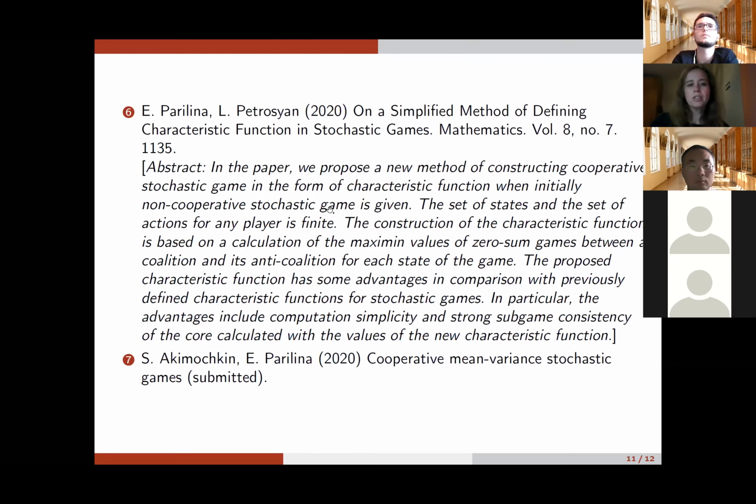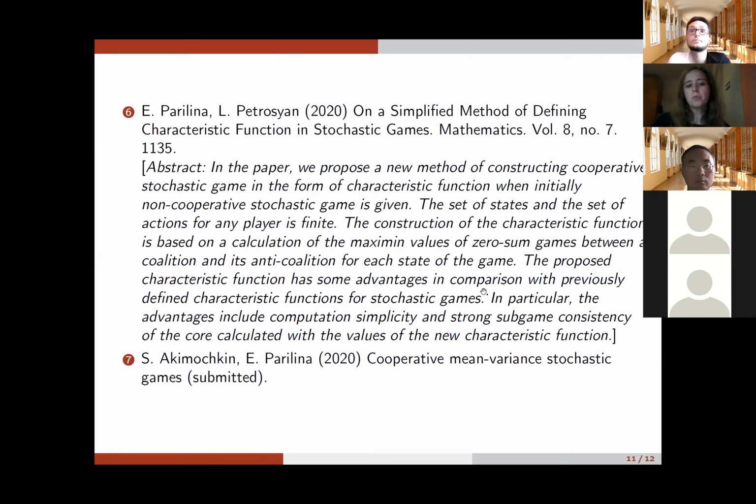As you see, there are a lot of calculations to construct the cooperative version and the characteristic function. Here we propose a new method, which is based on the calculation of the characteristic function as maximum values in state games. It is a great simplification for stochastic games, reducing the number of calculations.